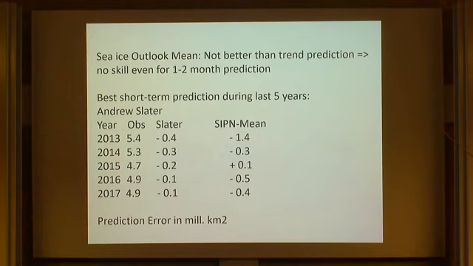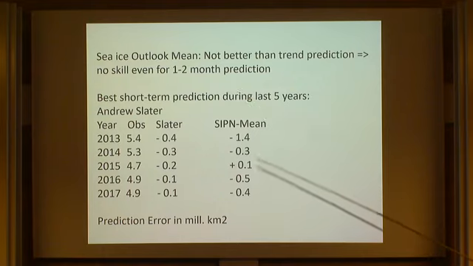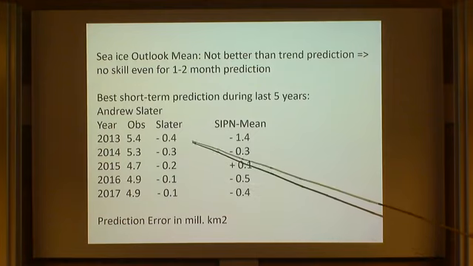If you look at individual predictions, the time periods are relatively short to make a fair assessment. But if you look, for example, at which kind of prediction was the best over the last 5 years, and you look at the short term, the prediction just 1 to 2 months beforehand, there is a method from Andrew Slaughter. He had this other observation values, and this was his error.